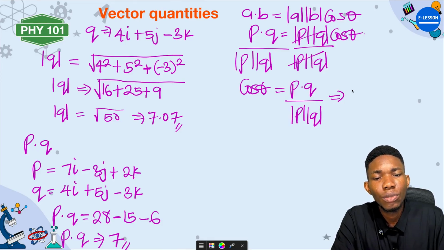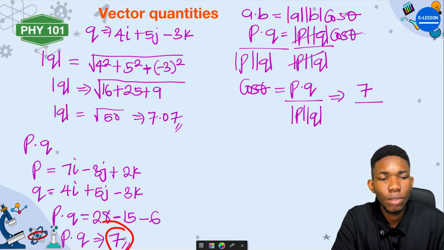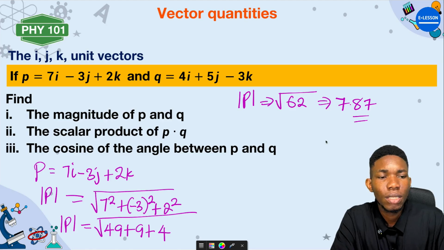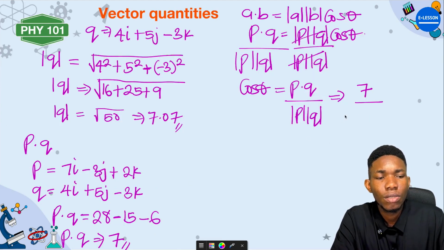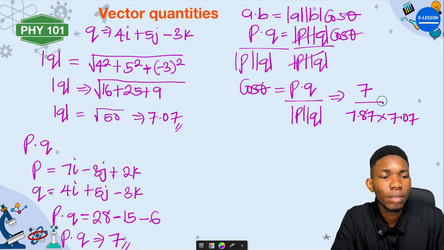What do we calculate as P dot Q? 7. That is what we have here. What is our magnitude of P? Magnitude of P is 7.87, from the calculation here. We have 7.87 times the magnitude of Q, which is 7.07.